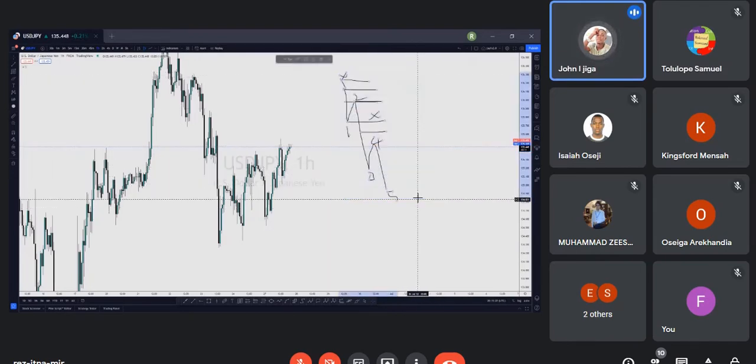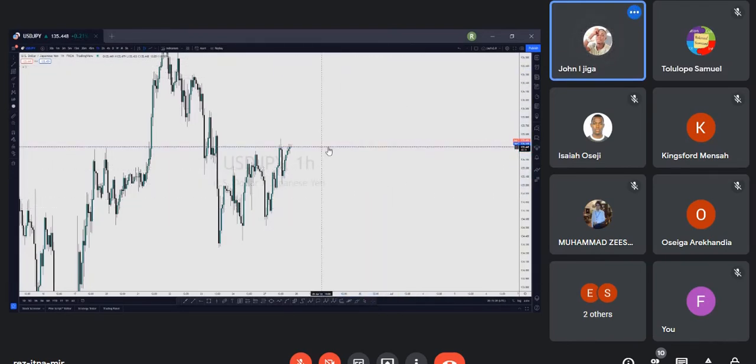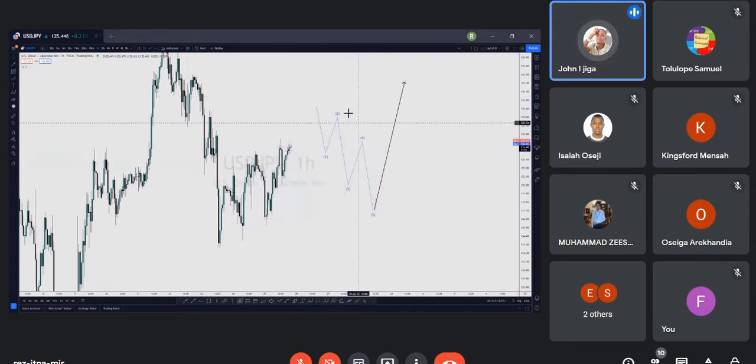So when you see a chart of someone giving you an Elliott wave analysis, and he makes a wave 1, 2, 3, 4, 5, and then says he's expecting price to go back up from here, is this correct?